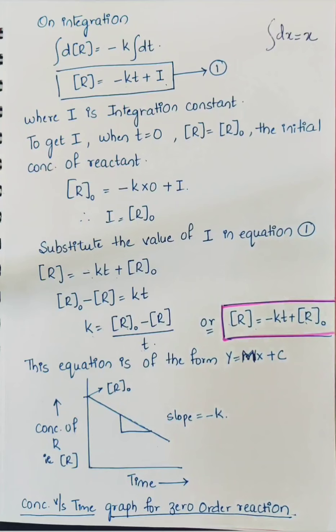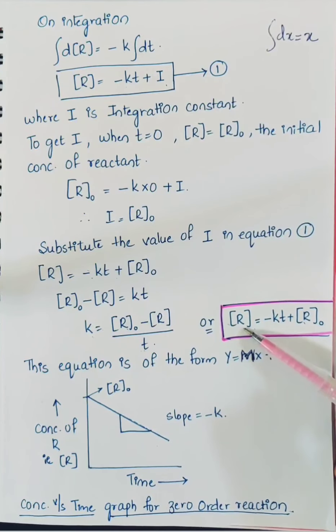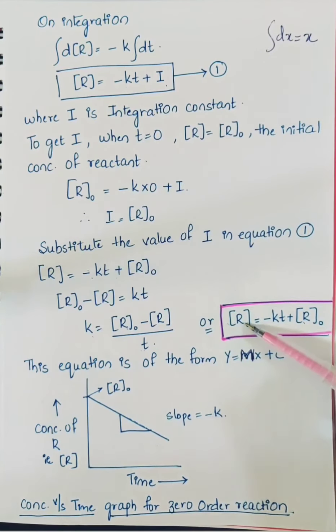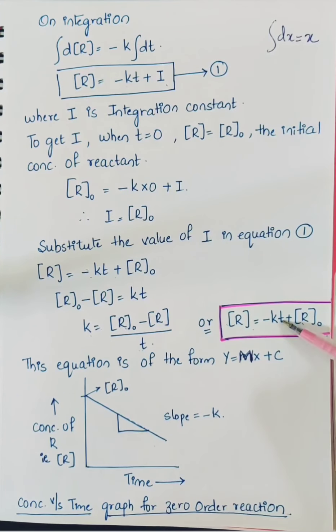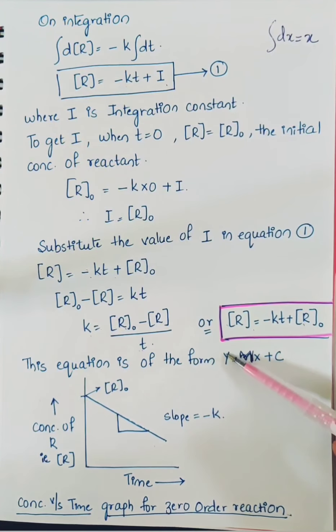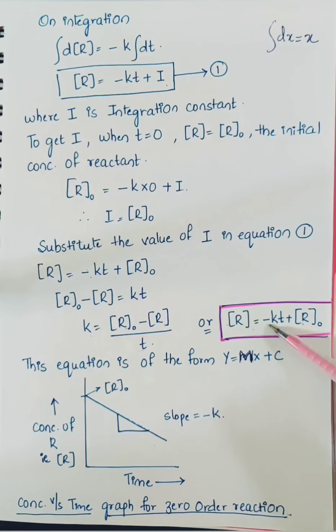So what we are supposed to do here is, on the y-axis we take the concentration of R, and on the x-axis I take t. It will cut the y-axis at concentration R naught, and the slope you will get is minus k.